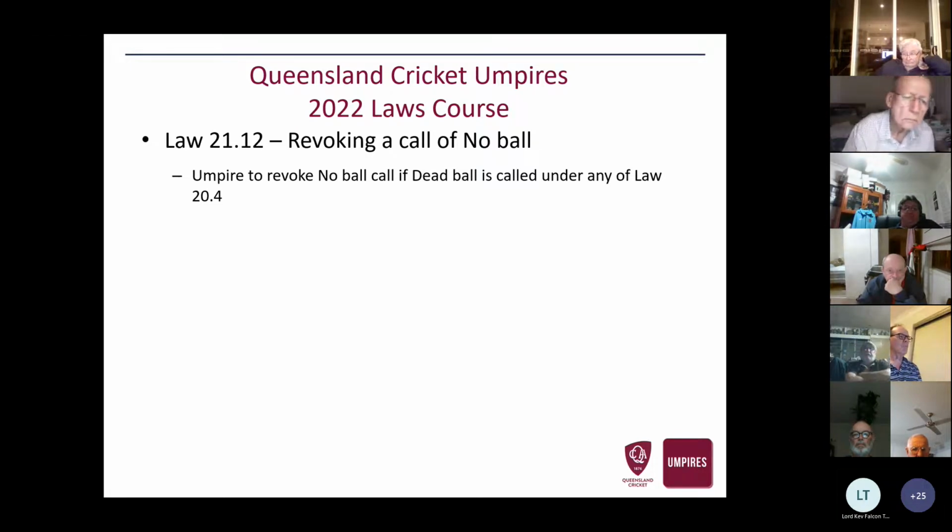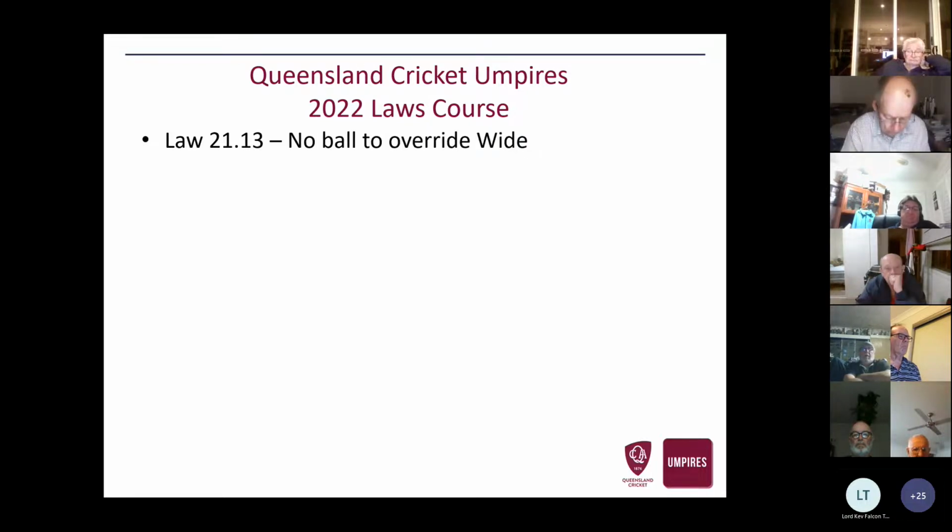Law 21.12 just talks to the revoking of the call of no ball, and obviously that is to happen if dead ball is called under any part of law 20.4. And law 21.13, no ball to override a wide, speaks for itself.